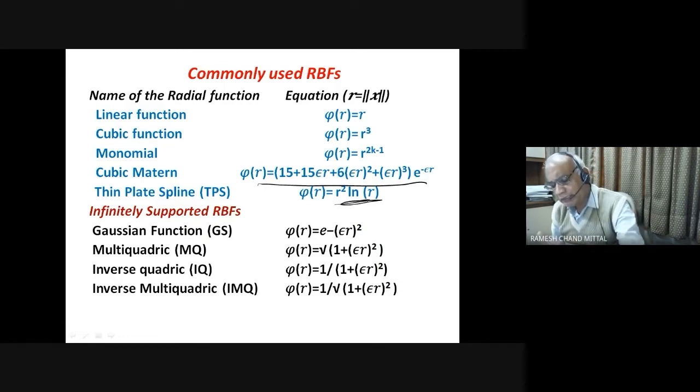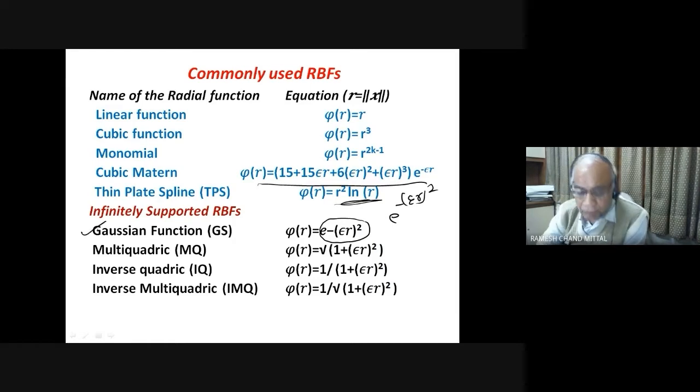Friends, I'm not interested in this. My main concern is this function, which is e raised to power minus epsilon r whole square. This is what you call the Gaussian, the normal distribution radial basis function.